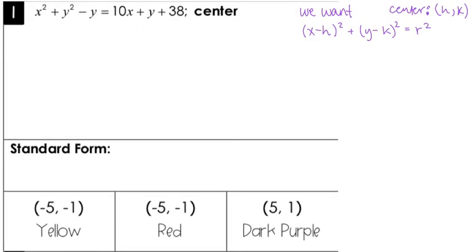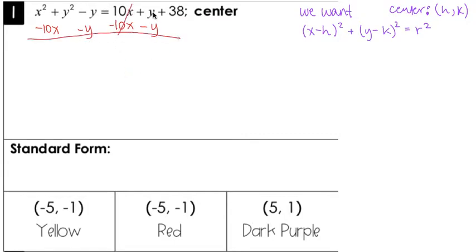So I want to get all my x's and y's to the same side. That way I can see what I'm going to need to do in order to make this a perfect square and factor it to be this binomial squared. So I'm going to subtract 10x and y from both sides. Minus 10x minus y.